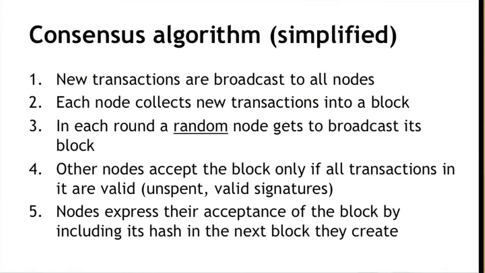In other words, an attempt to double spend. So if that happens, other nodes are going to signal their acceptance or rejection of the block, as we saw on the last slide, by either including the hash of this latest block in their next block, or ignoring this block and including the hash of whatever was the previous block that they considered to be valid.